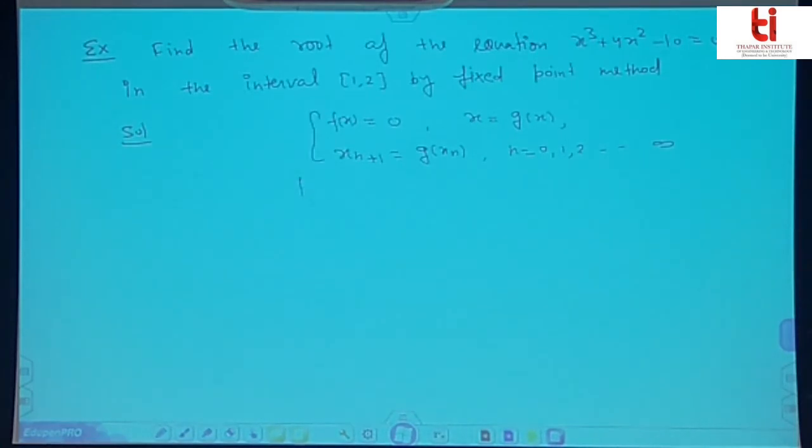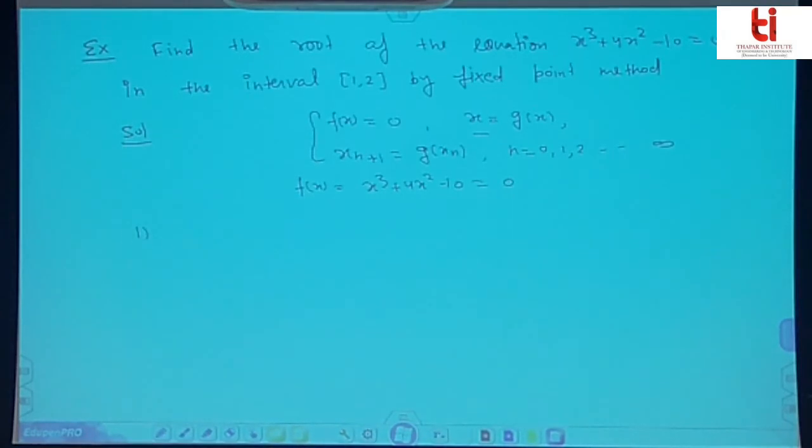So f(x) equal to 0 is given to you, that is x cube plus 4x square minus tan x equal to 0. Now our aim is to compute the value of g(x). There are many ways to express f(x) equal to 0 in terms of x equal to g(x).